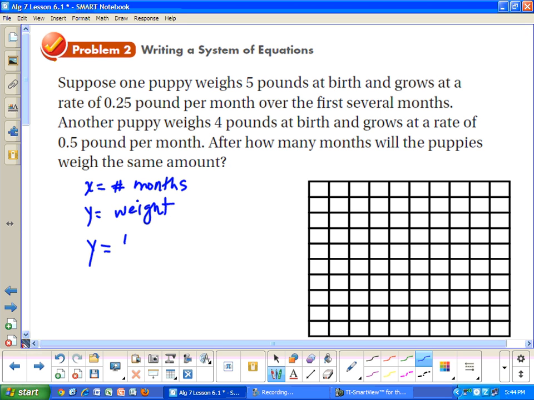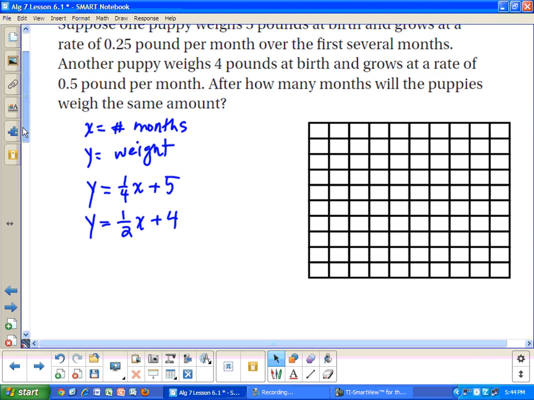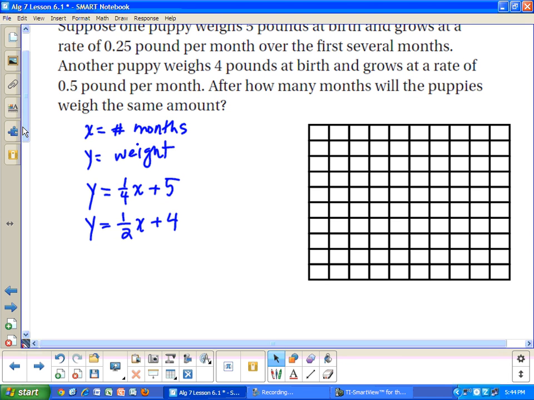I'm going to write that as 1/4 because I think it's easier to graph that. 1/4 pound per month times the number of months plus 5. And then the other puppy can be represented by the equation half a pound times the number of months plus 4.